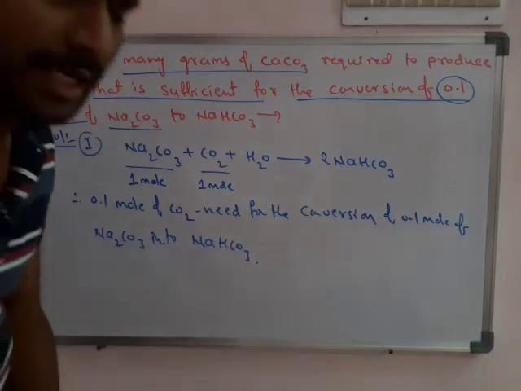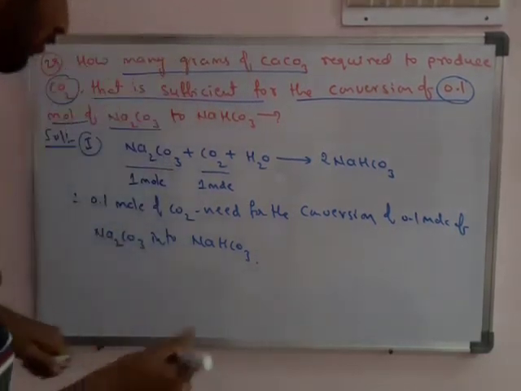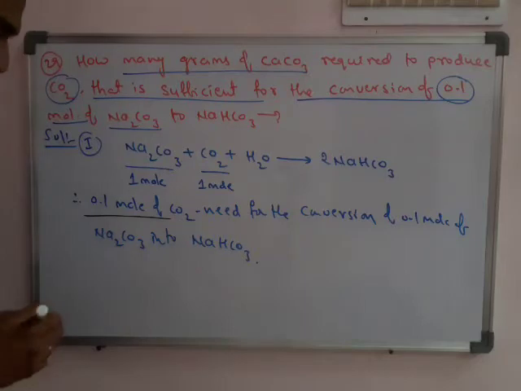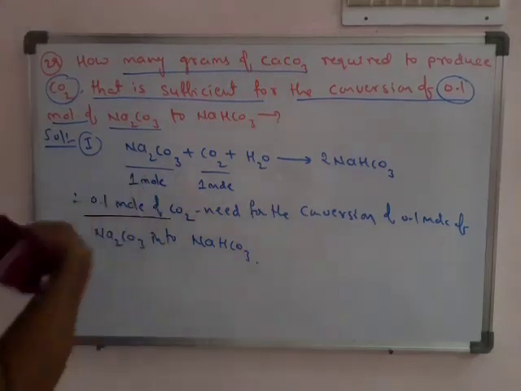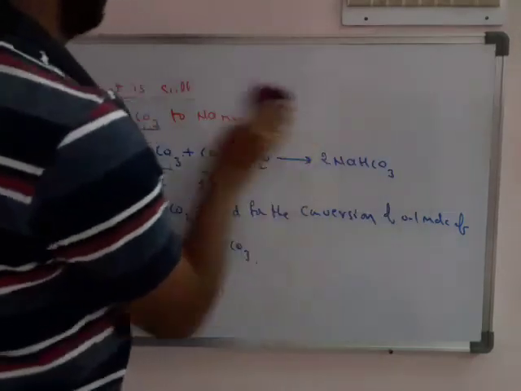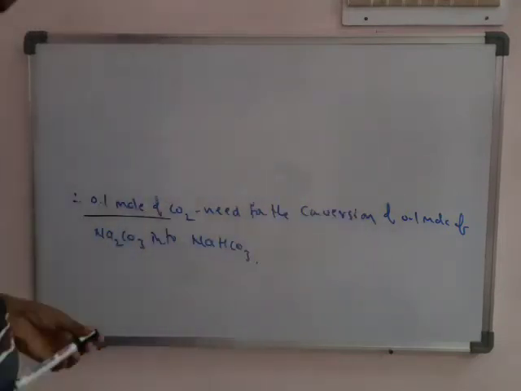Now finally we got how much CO2 should be produced, that is, 0.1 mole of CO2 has to be produced. How do we produce this 0.1 mole of CO2? With the help of CaCO3. So now we take the first reaction as step 2.